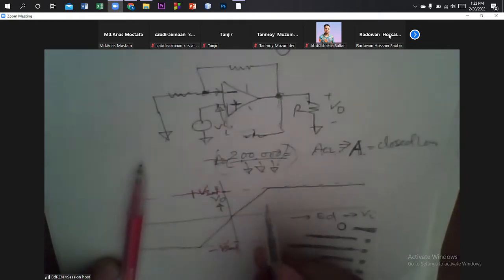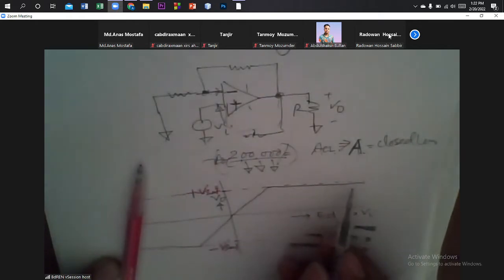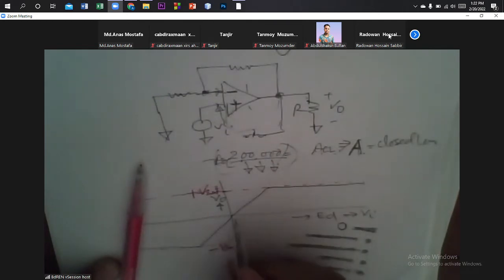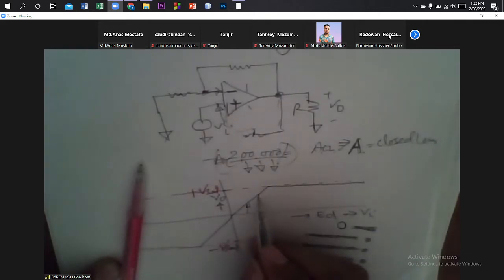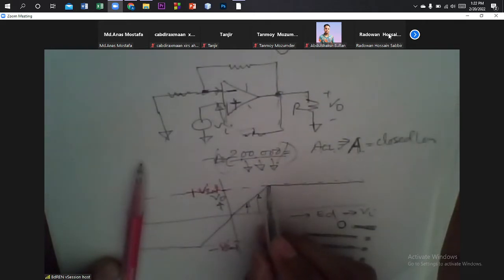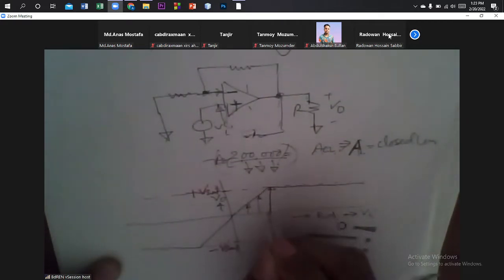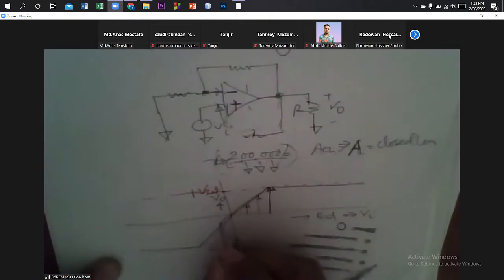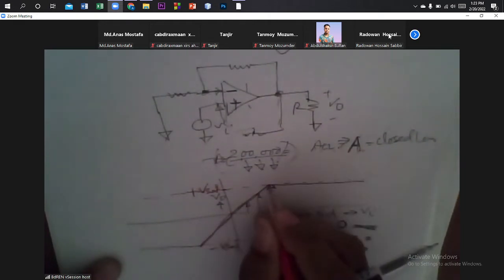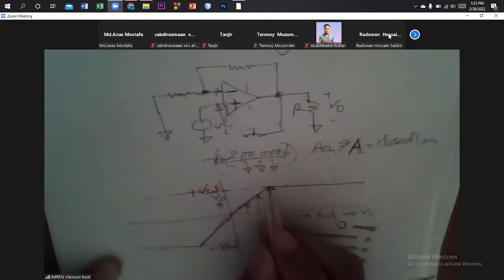In closed loop, the gain, in open loop we know gain will be always plus V set, but in closed loop gain will be reduced. So because we are getting some output, it is not saturated. At this point it becomes saturated. Clear? At this point, this is a linear portion. Why linear?